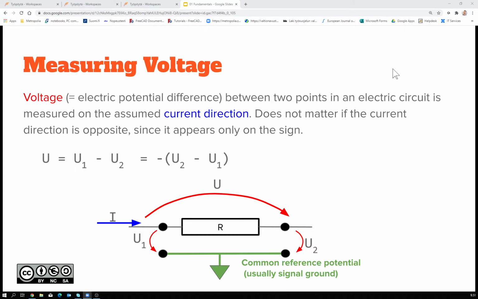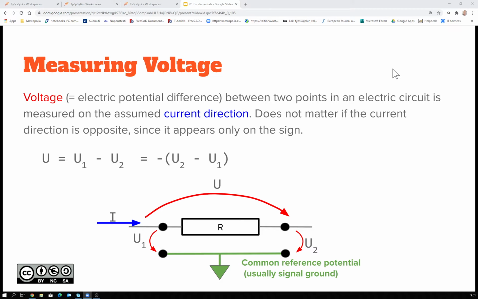So, okay, how to measure voltage? Voltage is the electric potential difference between two points. Actually, you just measure it using an assumed current direction.